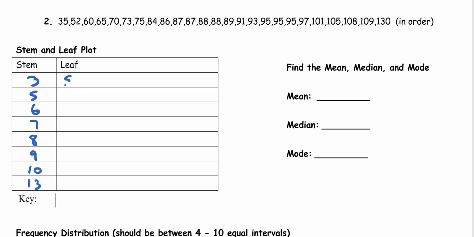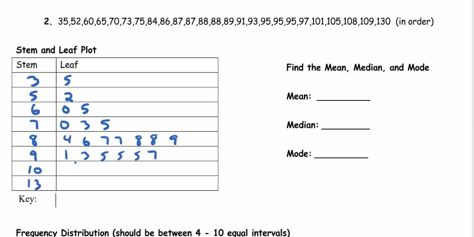So this is 5 and 2, 0 and 5, 0, 3, 5, 4, 6, 7, 7, 8, 8, 9, and then 1, 3, 5, 5, 5, 7.